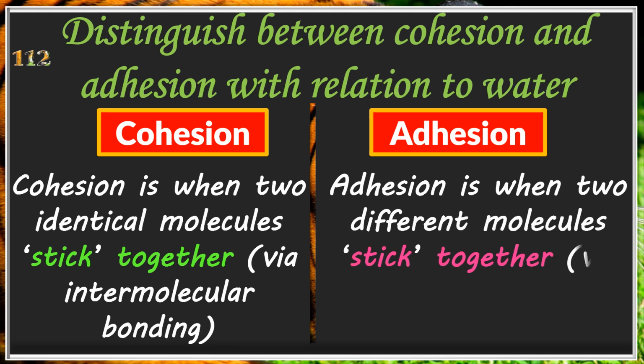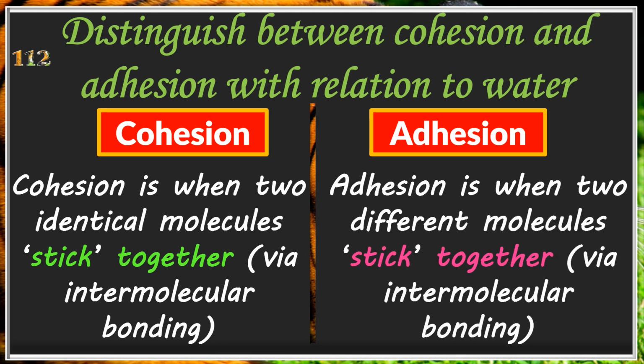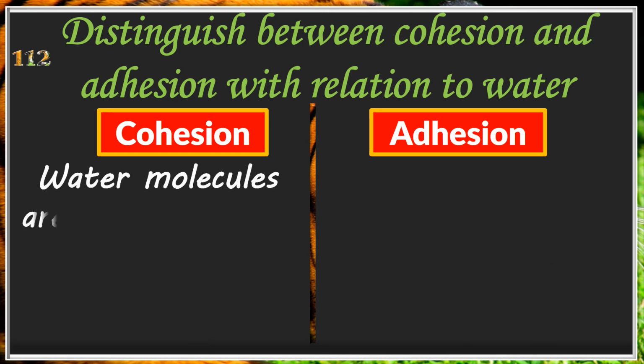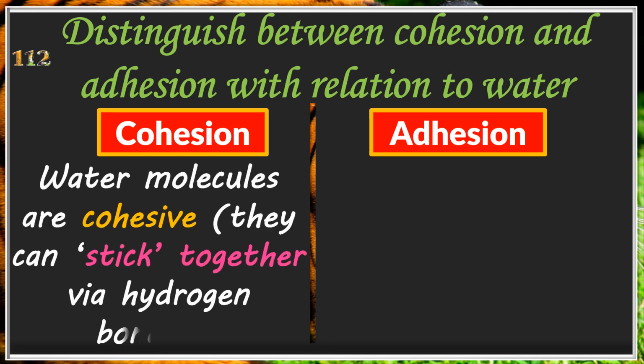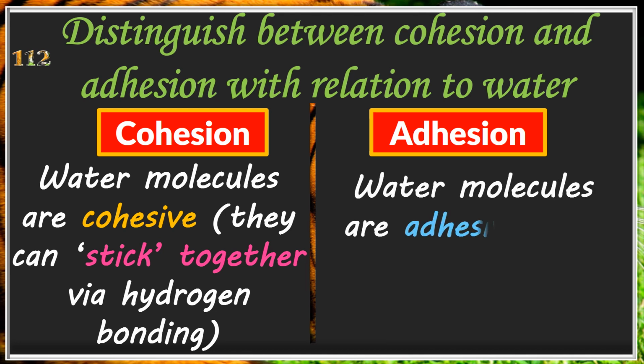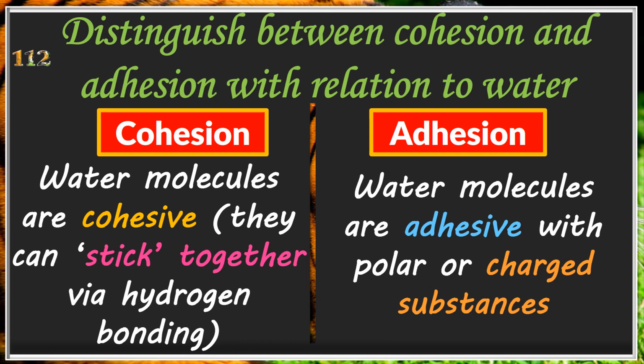Adhesion is when two different molecules stick together, still via intermolecular bonding. Water molecules are cohesive. They can stick together via hydrogen bonding. The water molecules are adhesive with polar or charged substances.